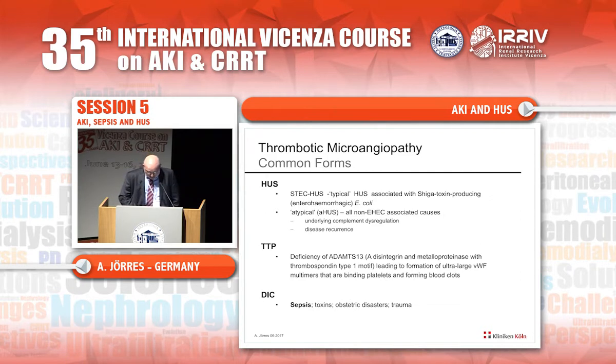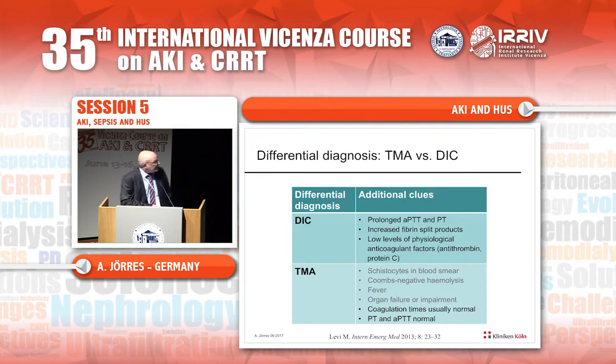And in terms of distinguishing those two entities from DIC, as you will have it in patients with severe sepsis, in general, DIC will have a patient presenting with coagulation abnormalities such as prolonged PTT and PT, an increase in fibrin split products, and low levels of anticoagulant factors.